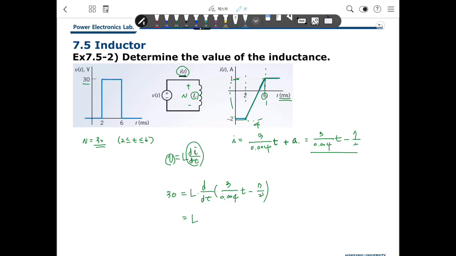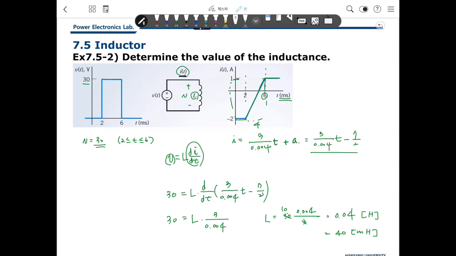So there will be L times 0.004 times 3, and this is 3. So L will be 3 over 0.004 times 3, then 0.04, and the unit over here is Henry, so you can rewrite it as 40 millihenry.